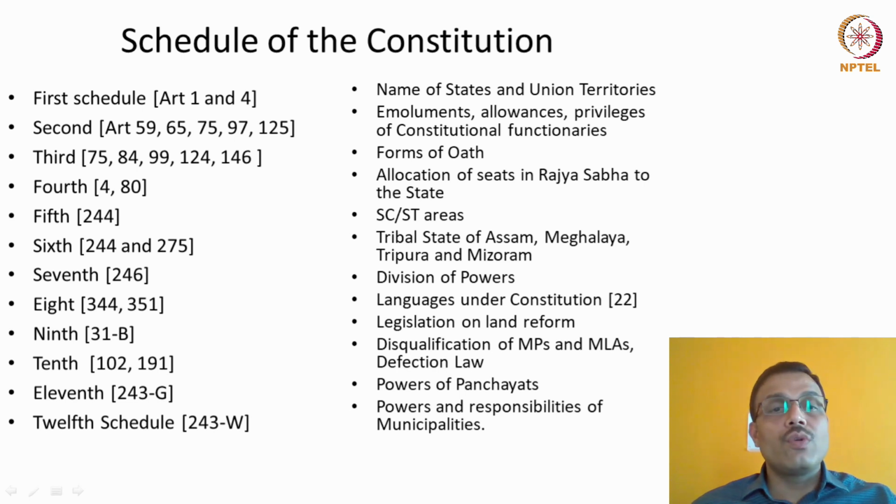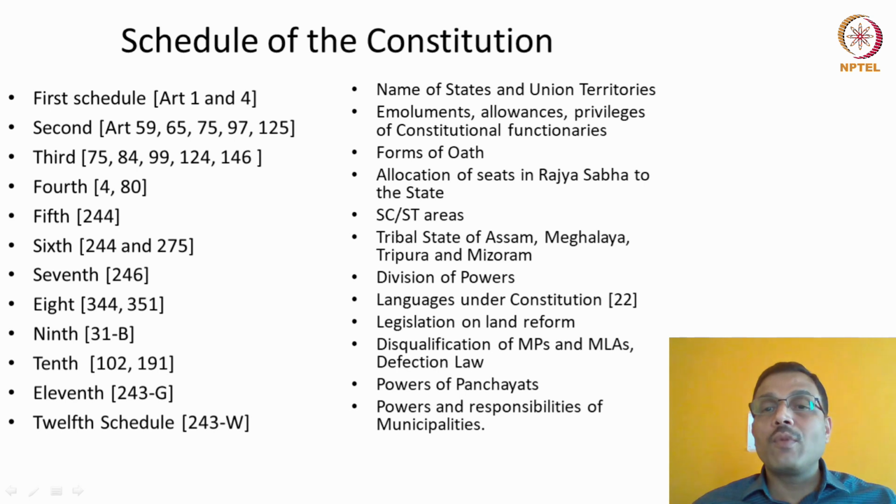In the second schedule, which actually refers to a lot of articles, the second schedule is in relation to the provisions of emolument, allowances and privileges to a lot of constitutional functionaries.